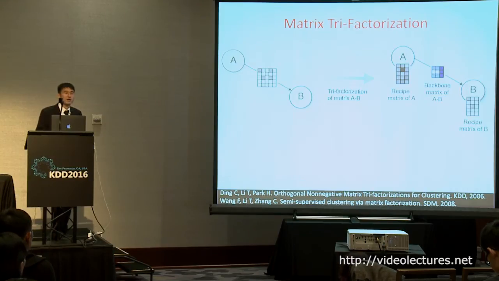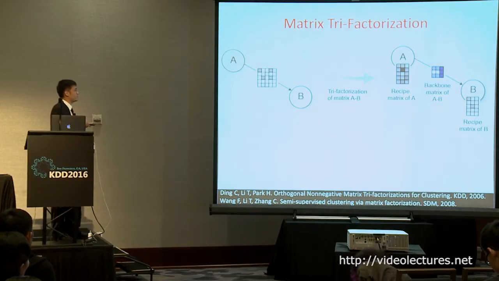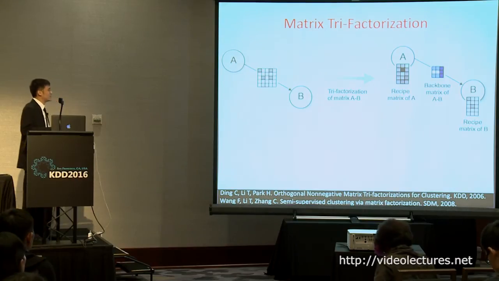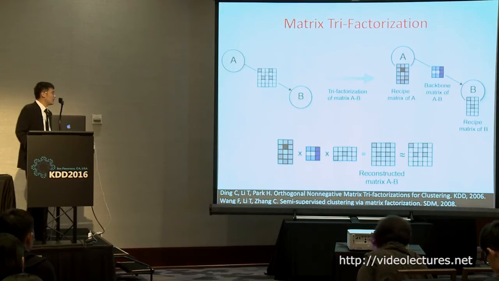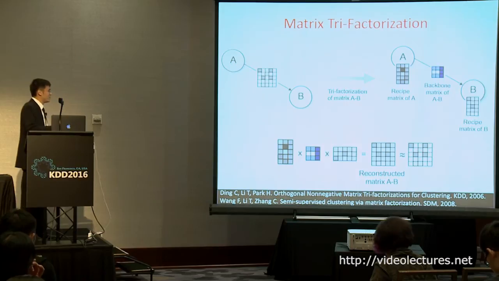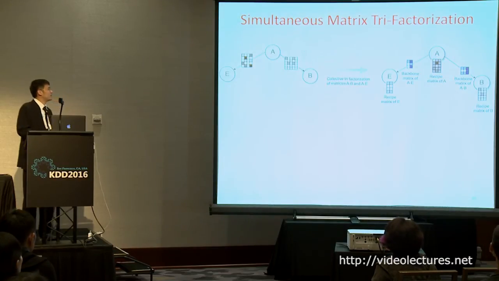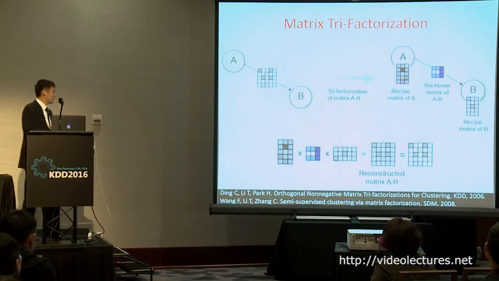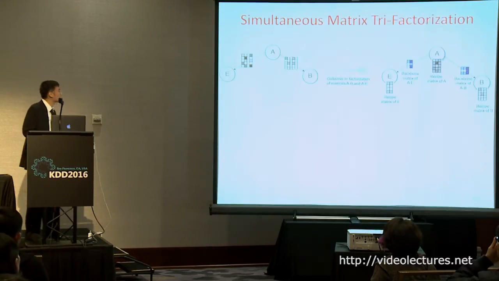It's not like NMF; it factorizes into 3 different matrices, like one is the recipe of A, the backbone, and also the recipe of B. The matrix tri-factorization just factorizes the matrix AB into 3 links here. I think this work is from KDD 2006, and Fei also has one paper on this.